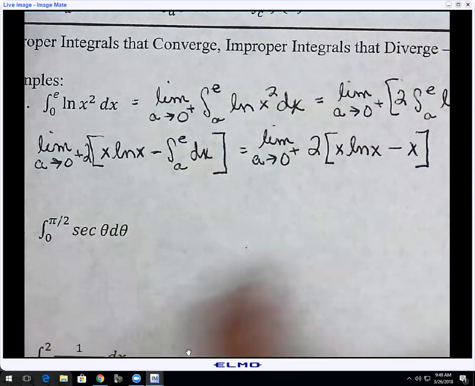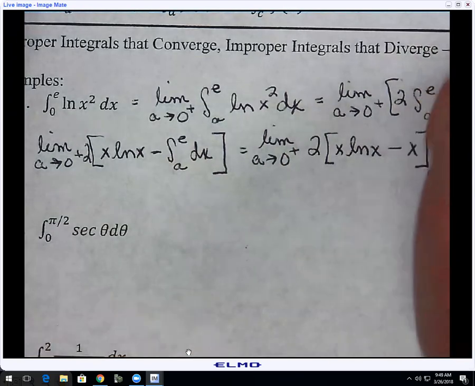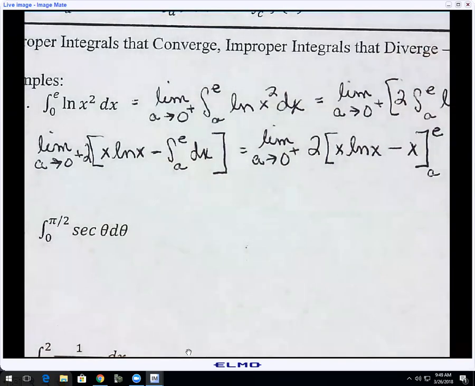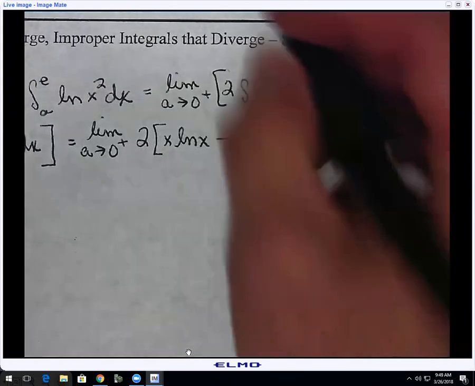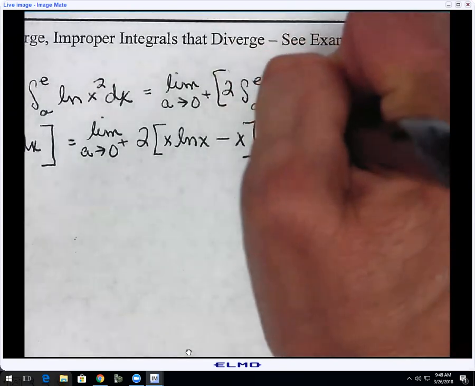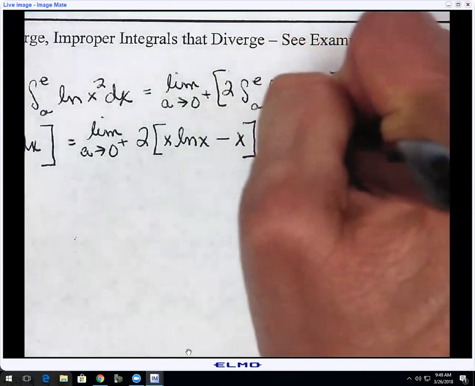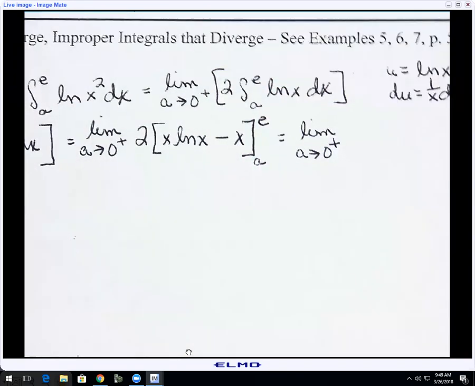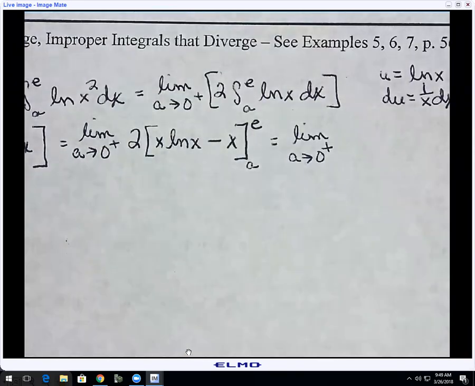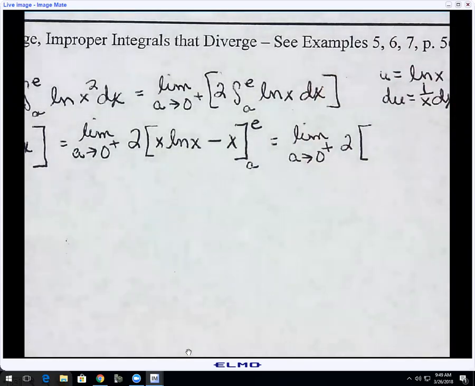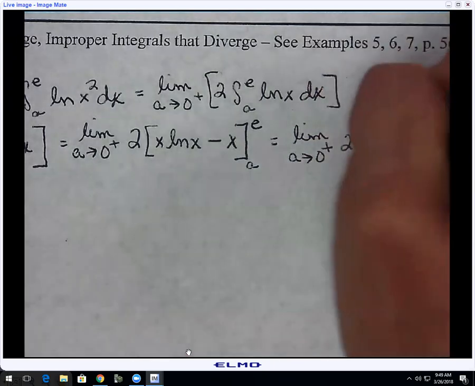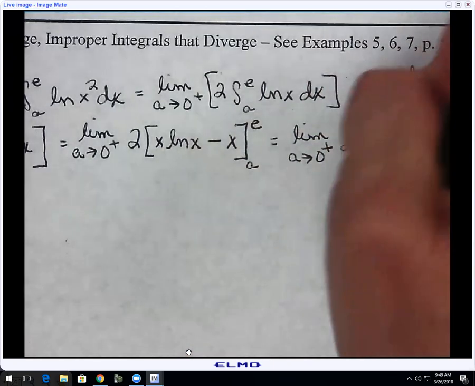And I need to evaluate that from a to e. So limit as a goes to 0 from the right. Don't forget my 2. Put e in place of all 3 of the x's.